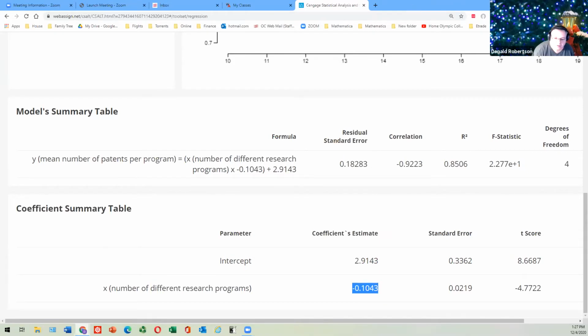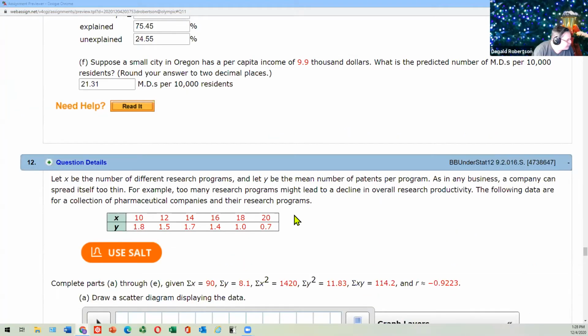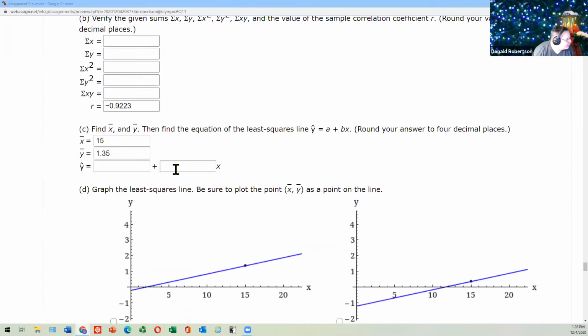So that's going to disappear for a minute. If I go down where those answers go, the y-intercept is that number. The slope intercept.